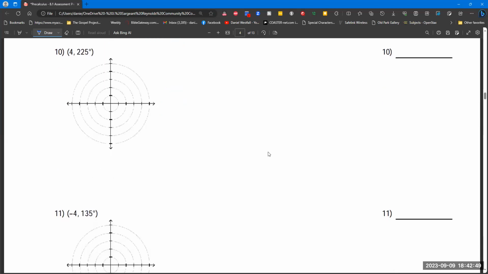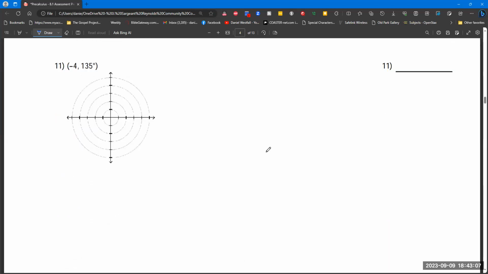Very rarely are they going to give it to you in degrees like this, but 225, 1, 2, 3, 4. 135 and negative 1, 2, 3, 4.